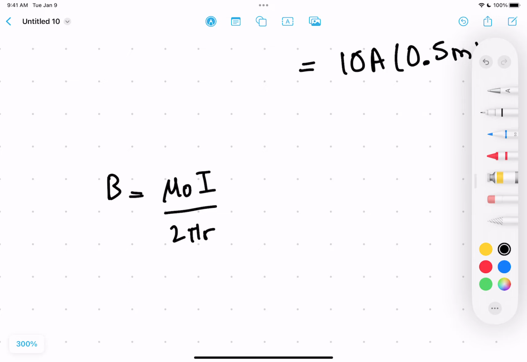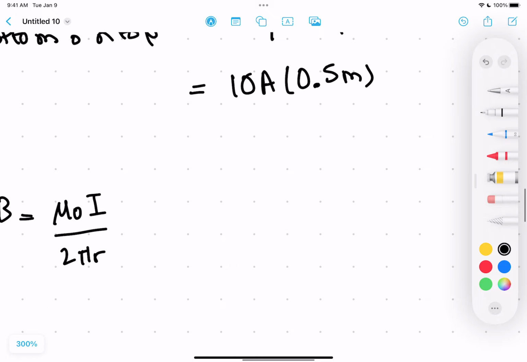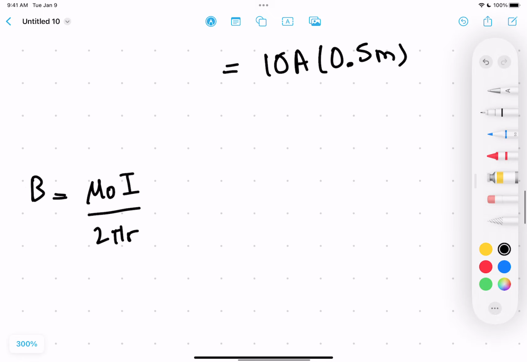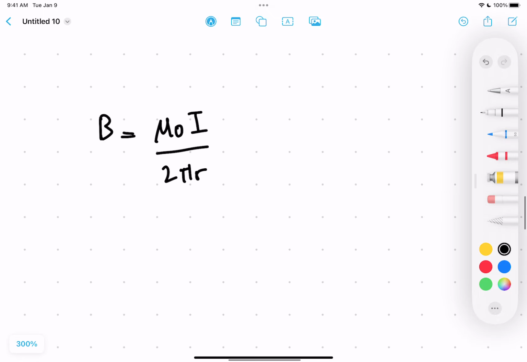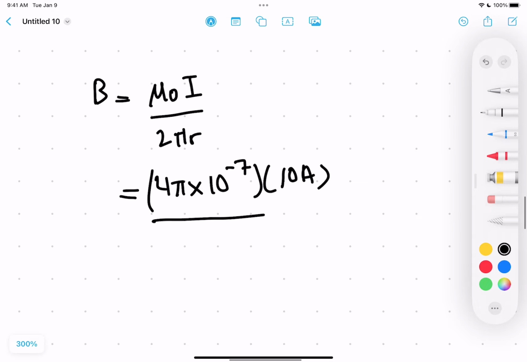Once again, we're using the values for the bottom wire, because we're looking at the magnetic field generated by the bottom wire. So we take that constant, which is 4 pi times 10 to the negative 7, multiply it by the 10 amps going through that bottom wire, and then divide by 2 pi r.